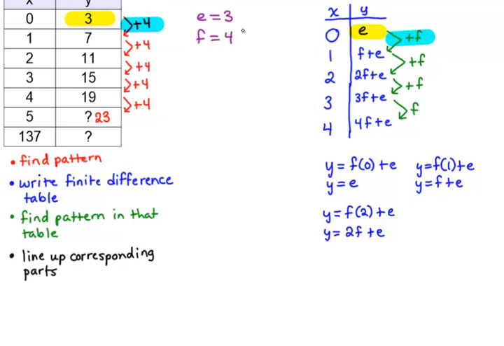Okay? Once we do that, we want to fill in the linear equation. Okay?